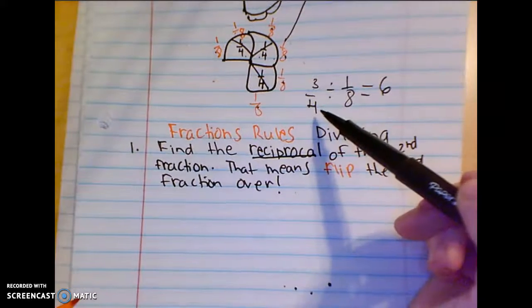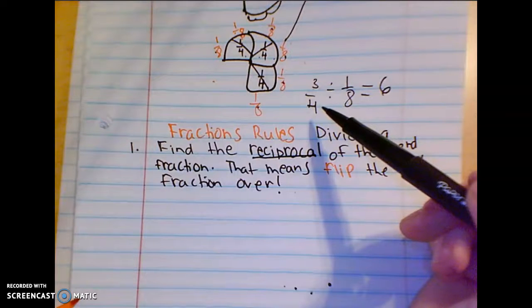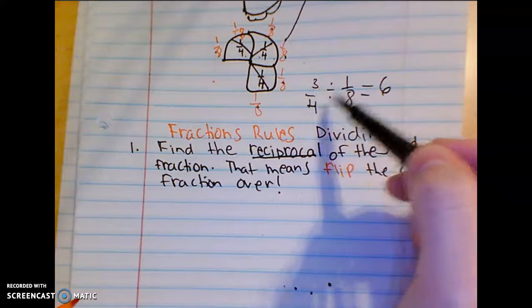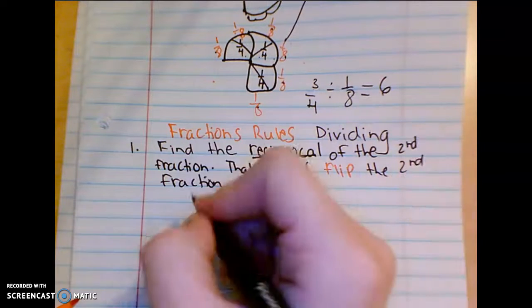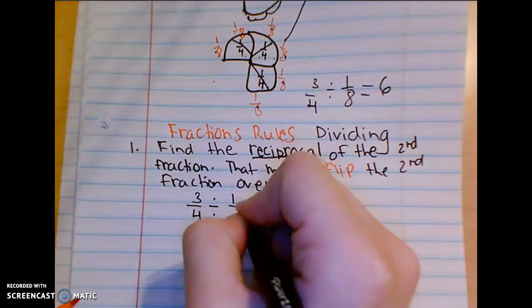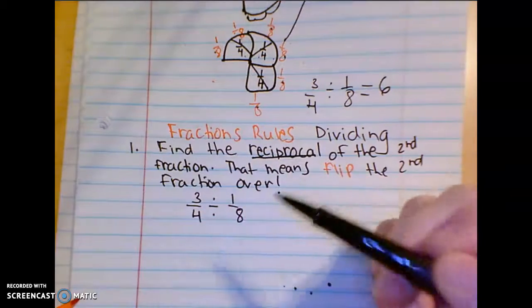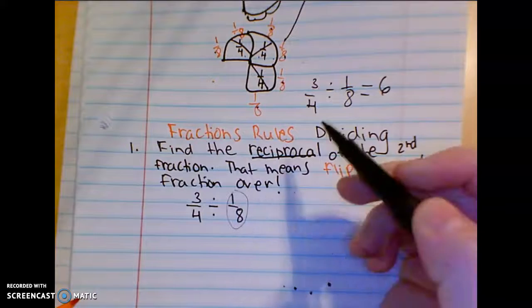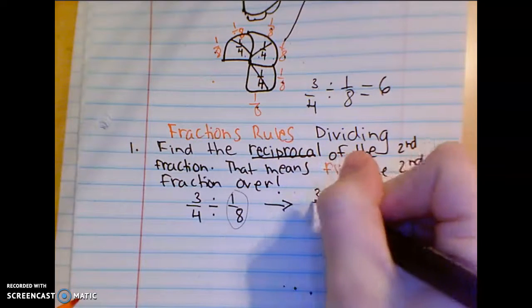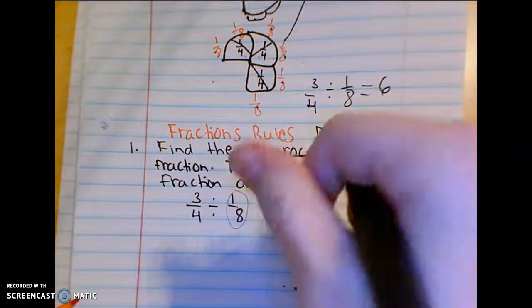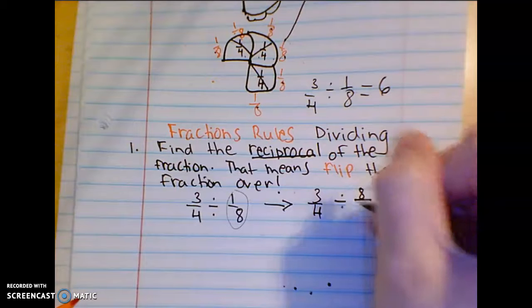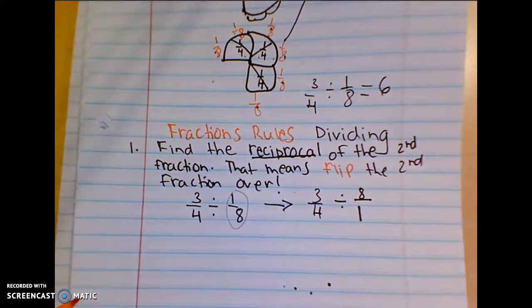So if I were talking about the 3/4 divided by 1/8, I'm going to flip the second fraction over. So that's 3/4, and if I'm flipping it over, my 8 is now going to be on top. All right.